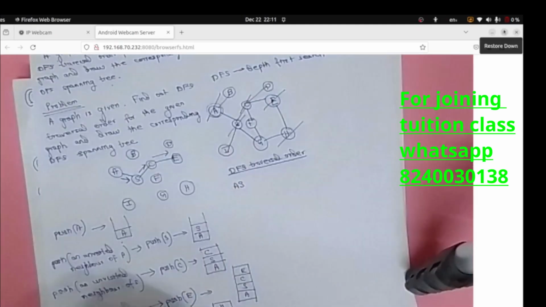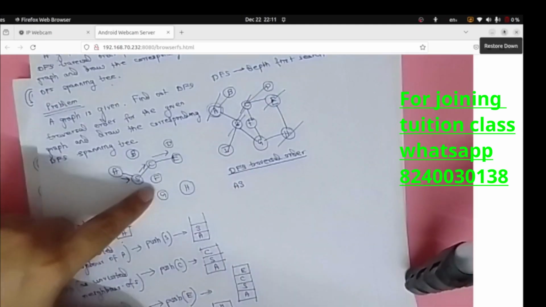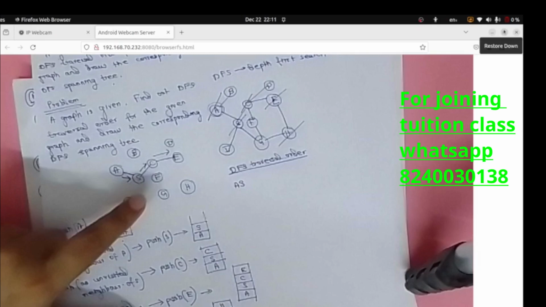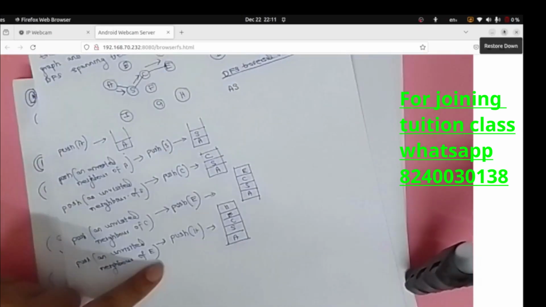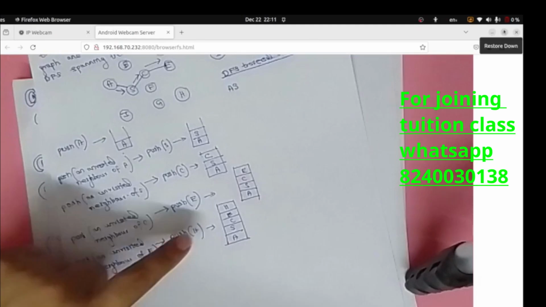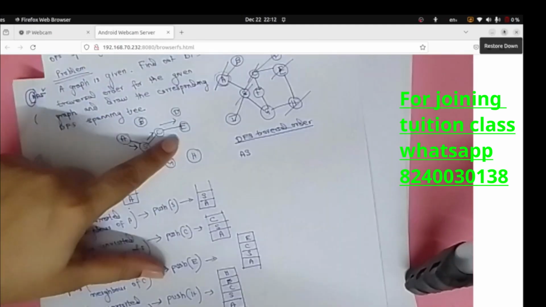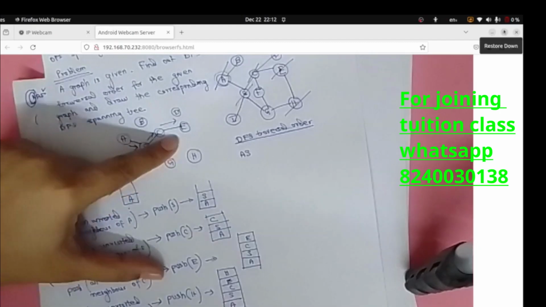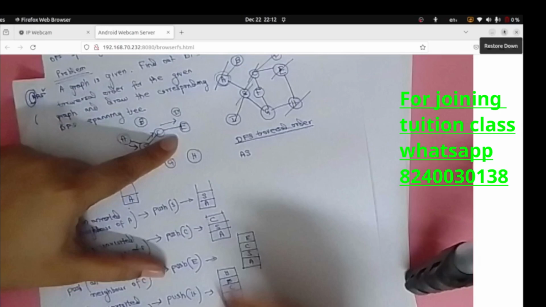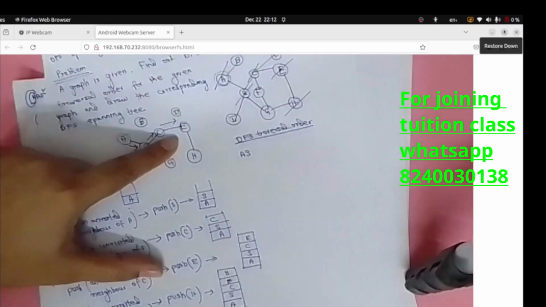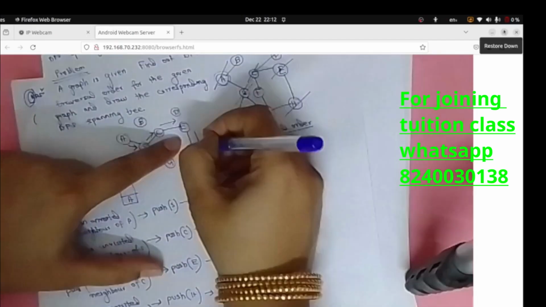And what will be the change in the corresponding DFS spanning tree? Now, this is a push operation from E to H. So there will be a movement from E to H in the spanning tree construction procedure. So we connect E to H, and so we move from E to H.